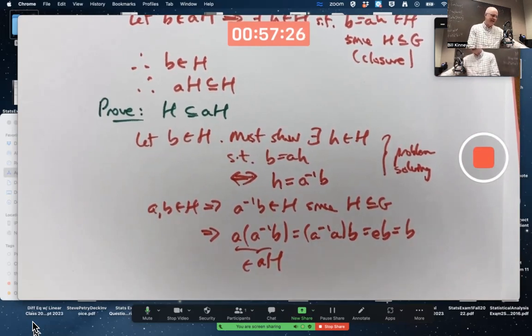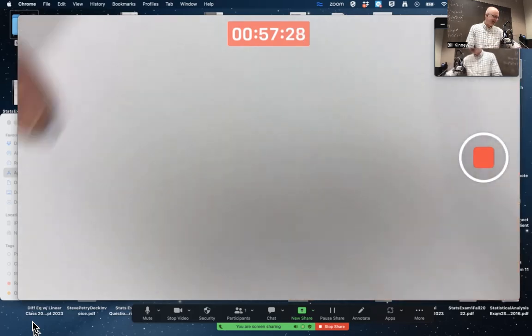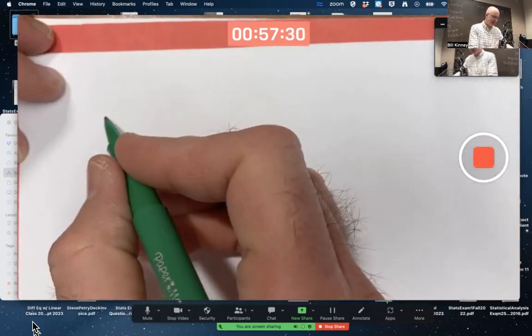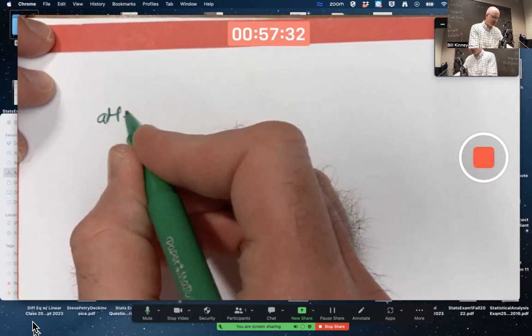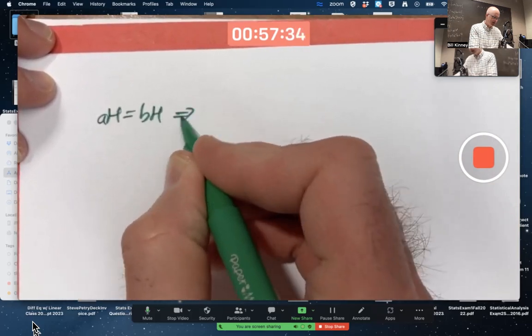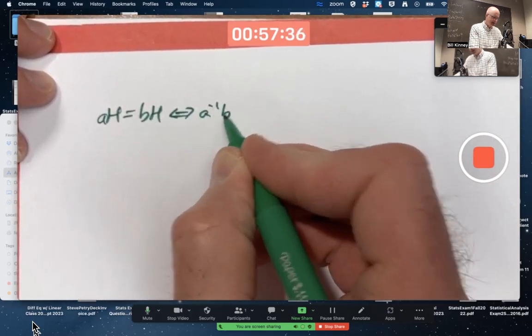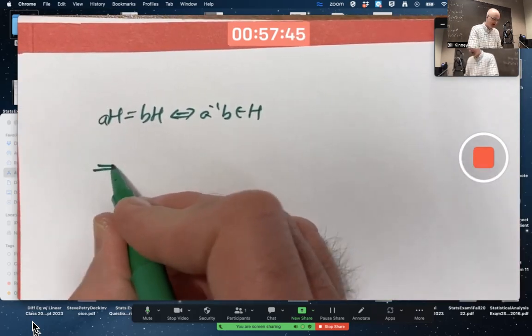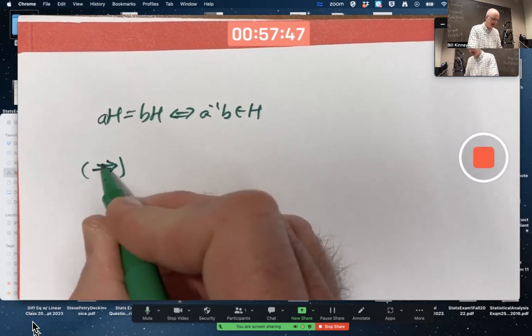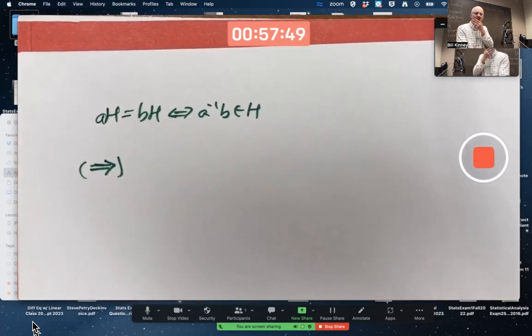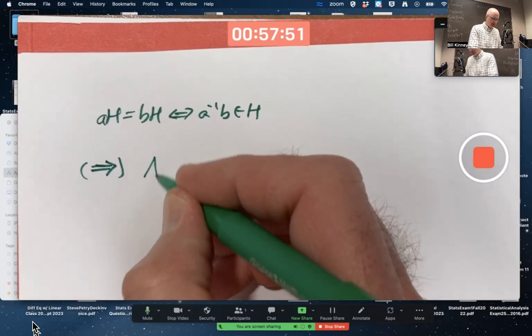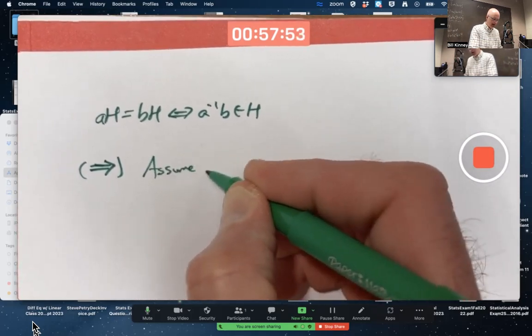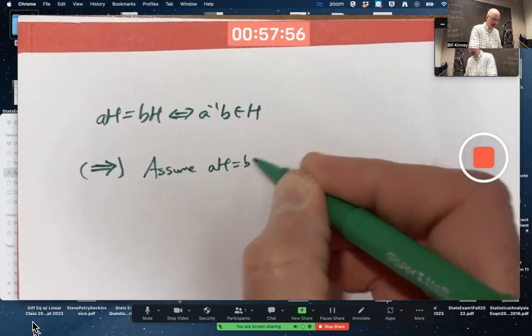Last property was trying to prove that AH equals BH if and only if A inverse B is in H. Let's try this direction. Assume AH equals BH.